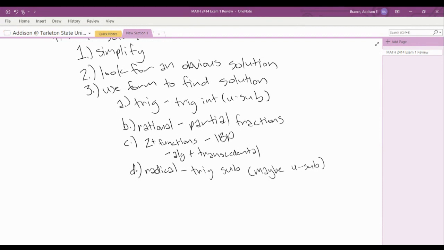You may maybe rationalize it with some sort of u-sub, but those are the main ones. And of course, if you have some sort of plus or minus x squared plus or minus a squared, that's another sign to look into trig sub.